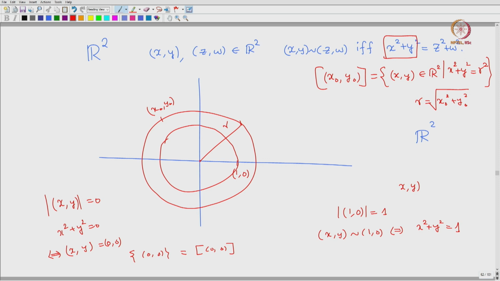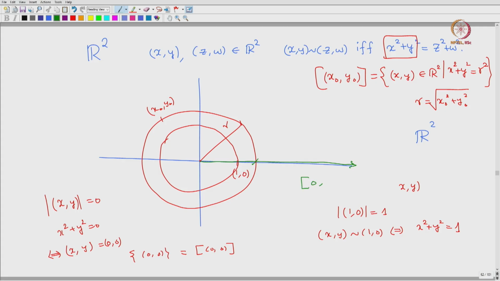Now you can see that if we take a line segment like this, for example the non-negative part of the x axis, then that will form an indexing set for the quotient set, because each circle is going to intersect this [0, ∞) at exactly one point.